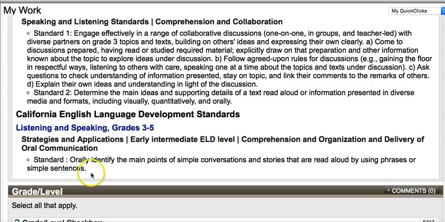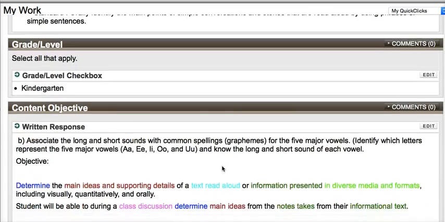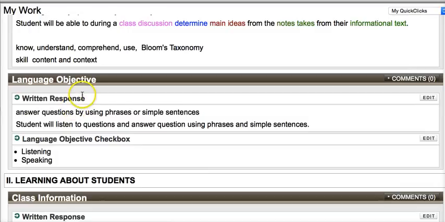In this case, the child is going to speak orally. They will be able to identify the main ideas and talk about it using simple phrases or sentences. So we're going to come down here to language objective. We know they're going to be listening and speaking.